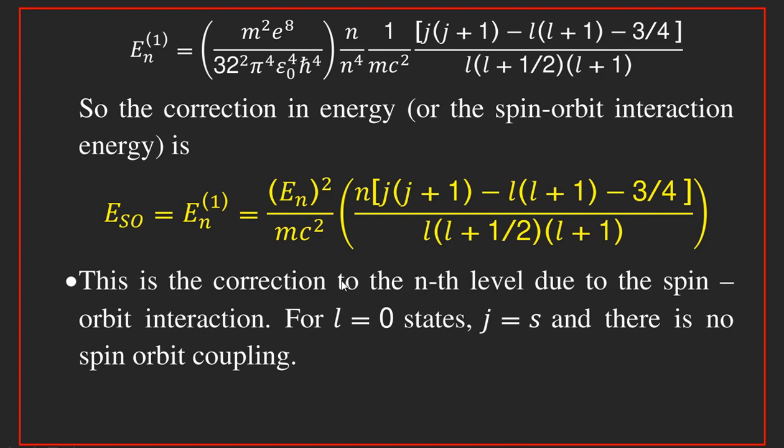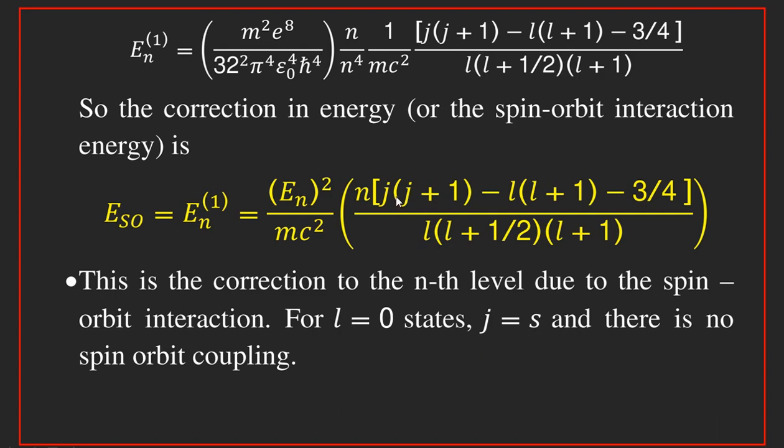Here also we can see that the spin orbit interaction lifts the degeneracy of hydrogen atom. Now all the states with the same n value do not have the same energy, because it depends on L and J. Now for L equal to 0, the total angular momentum J is equal to L plus S, which becomes S only, because L is equal to 0.